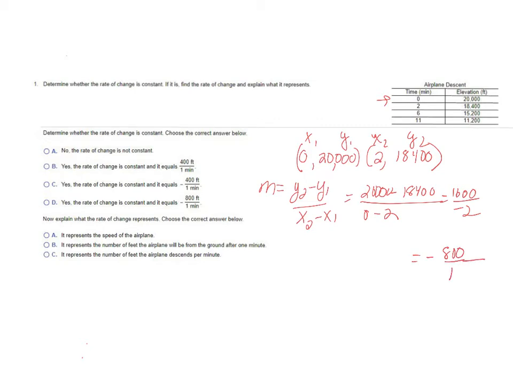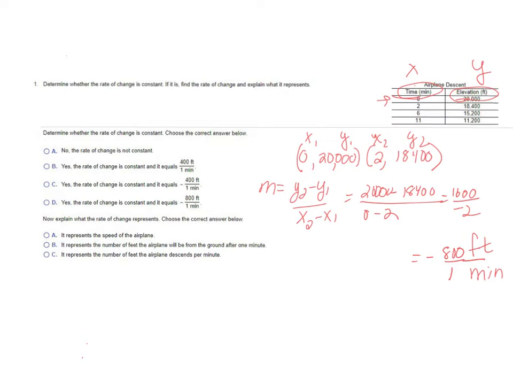And really what that means, if we think about our y value, the elevation, that is feet. And our x value right here was time in minutes. And so what we have is a decrease of 800 feet per minute.